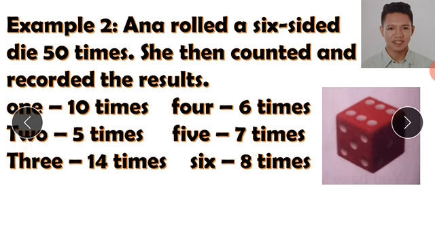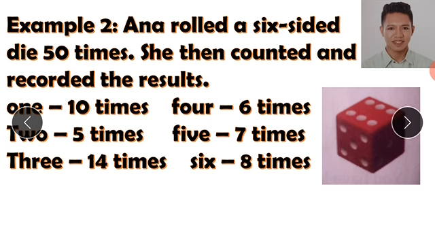For 2 dots, 5 times. 3, 14 times. 4 dots, 6 times nagpakita after rolling it 50 times. 5 dots, 7 times. 6 is 8 times. So if you total all this, 10 plus 5 plus 14 plus 6 plus 7 plus 8, total of 50 times. So here is the recorded data after she rolled the die 50 times.